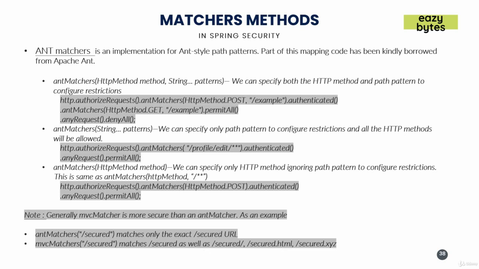That makes sense when you are using MVC based applications, because if you configure it such that /secured with Ant matchers should be authenticated and permit all others, and the user enters /secured/, what Ant matchers will do is permit it because it's not matching /secured, which is a very risky way. So for all such scenarios, we can use MVC matchers, but if you're confident that these kinds of mistakes are not possible inside your application, you're always free to use Ant matchers.